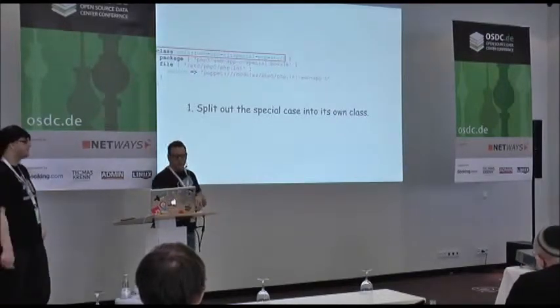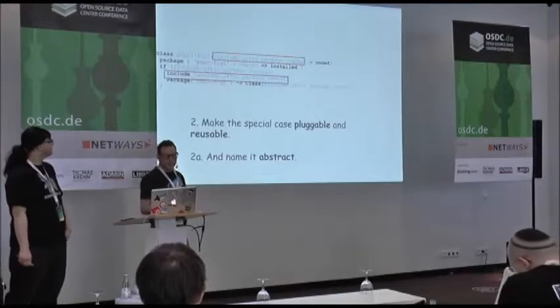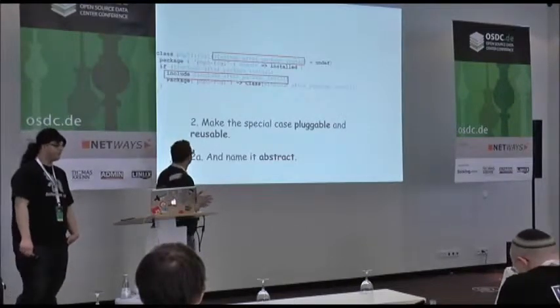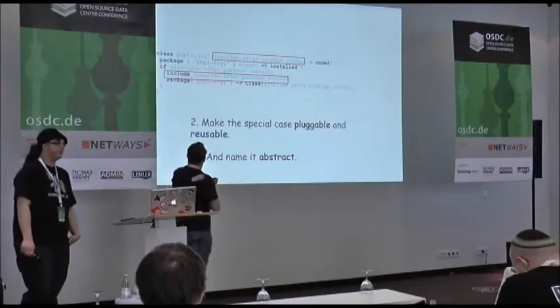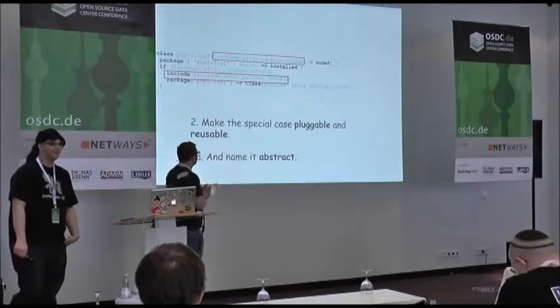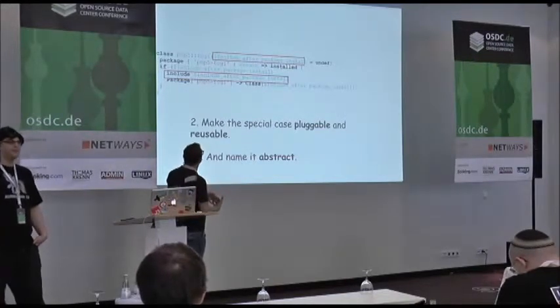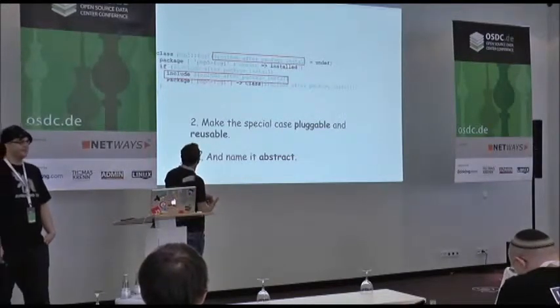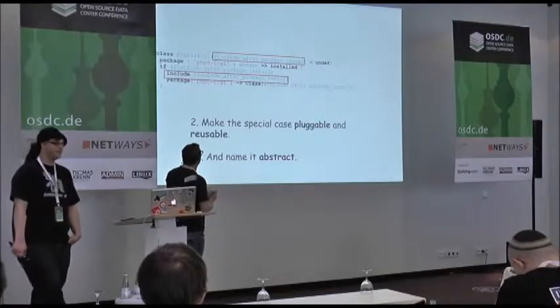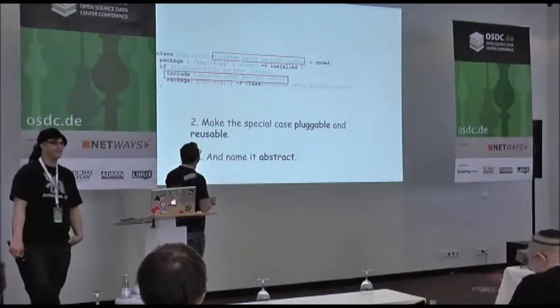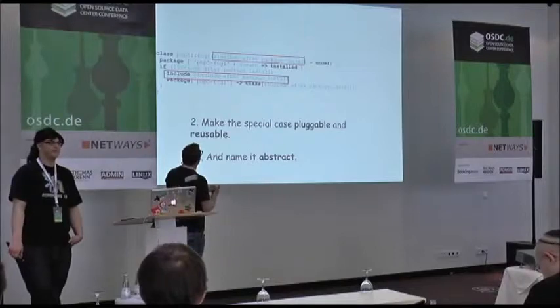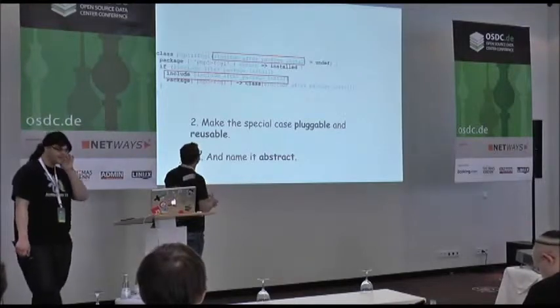And what we could do now is inject this special class into our fast CGI class, and give it some name that actually expresses what it's doing.